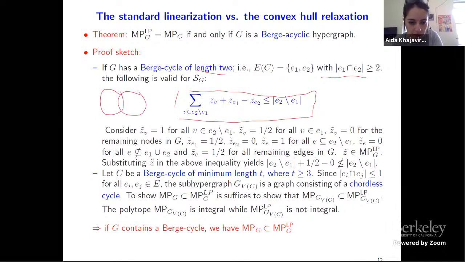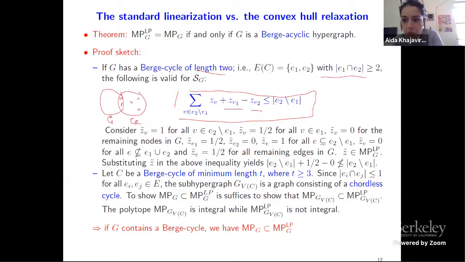I have two edges, E1, E2, that intersect in at least two nodes. So the inequality sums over all the variables corresponding to nodes that are in E2 but not in E1, plus z_E1 minus z_E2 less than or equal to the cardinality of E2 minus E1.